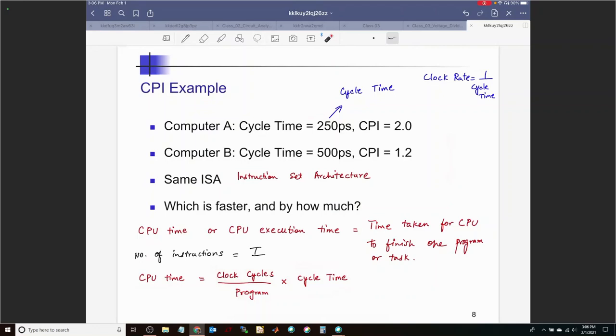What are the units, by the way, for cycle time? Yeah, seconds, but I want to break it down, so it's seconds per cycle, right? You guys see that?